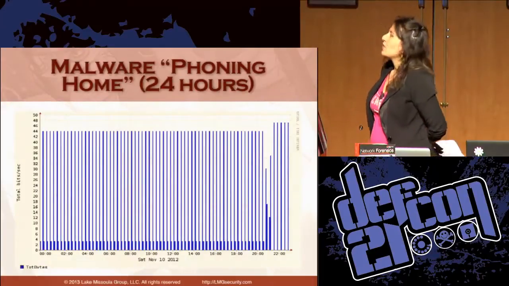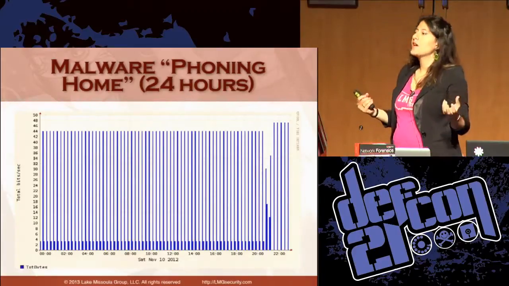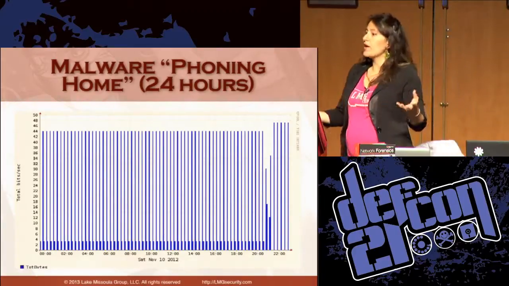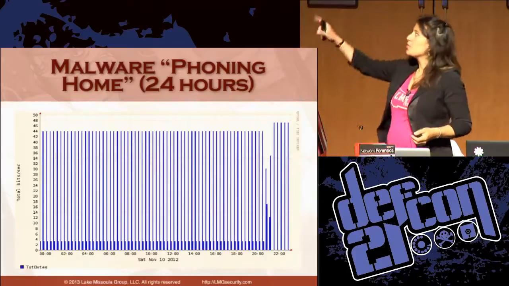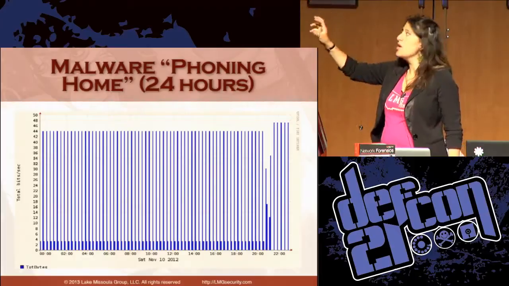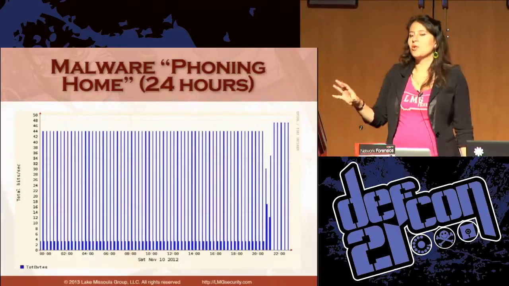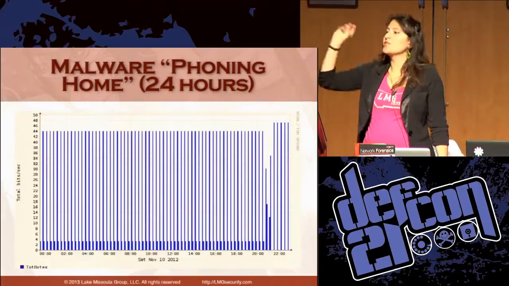This is a chart that we made using the Argus tool of the phone home traffic for an infected Blackhole exploit kit. This was an infected laptop, and each one of those bars represents a time that it communicated outbound to the attacker's system. This was over a 24-hour period. All the normal Windows traffic has been pulled out, and you can see it phoning home to systems.